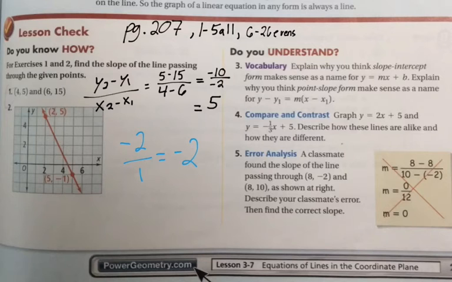Because it takes the slope and it takes the intercept, right? And it's the same idea for point-slope form. Why is point-slope form a good name for y minus y sub 1 equals m times the quantity x minus x sub 1? Again, it'd be like me asking, why is chocolate chip pancakes a good name for pancakes with chocolate chips in them?